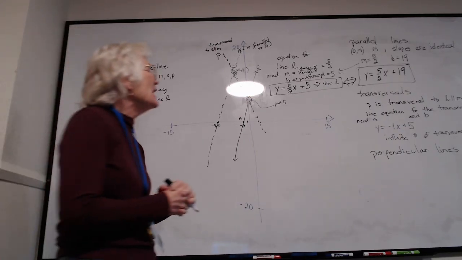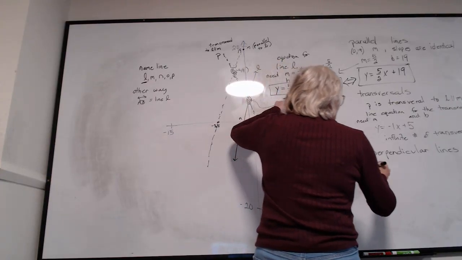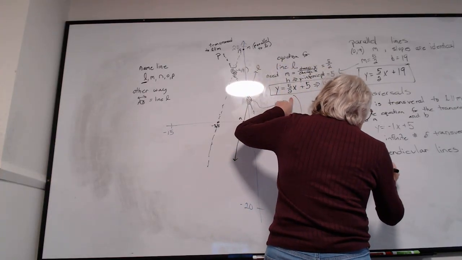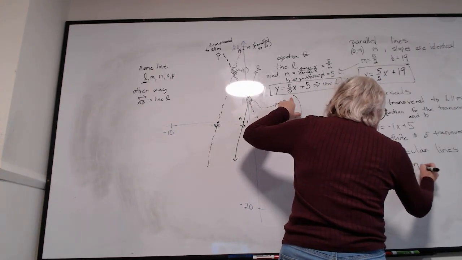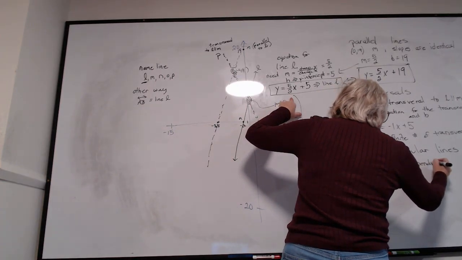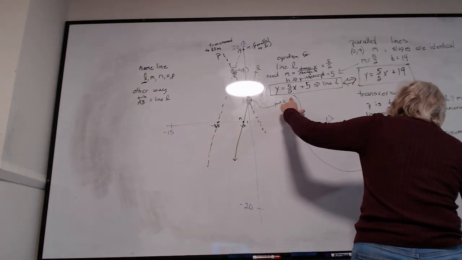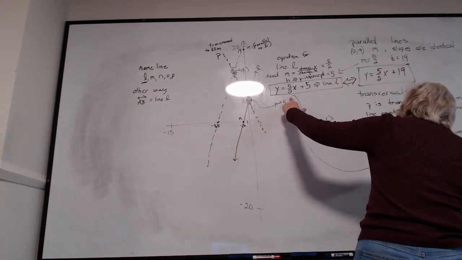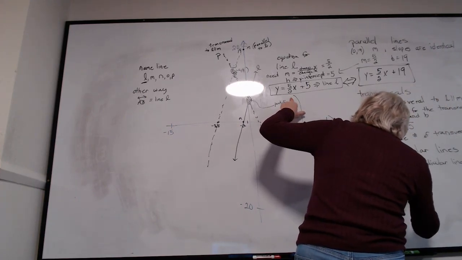Okay, so if we know the parallel line slope, the slope of perpendicular lines, exactly what he said, is the opposite reciprocal.